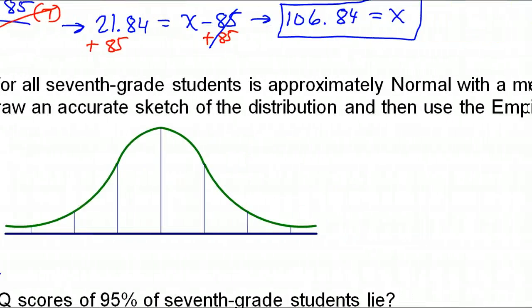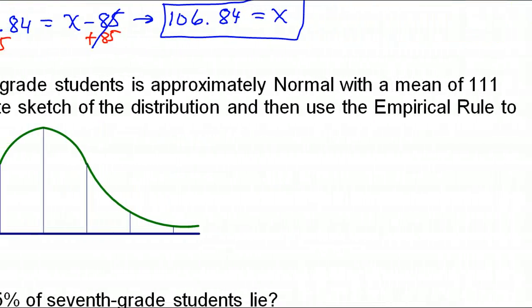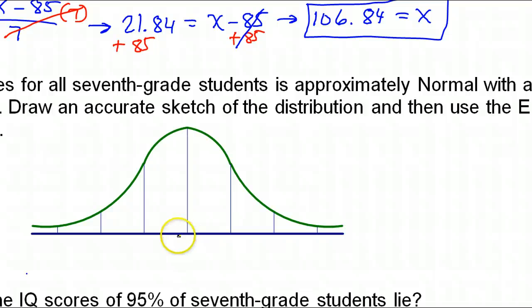Let's see what they tell us. There's a mean of 111. The mean always goes in the middle of the distribution, so there you go. They told us that the standard deviation is 11. Each one of these lines represents exactly one standard deviation from the mean.